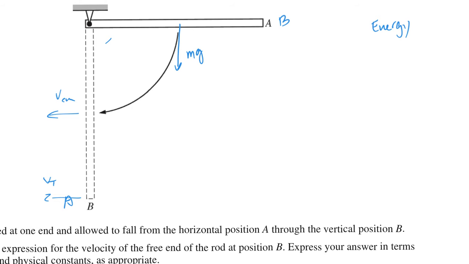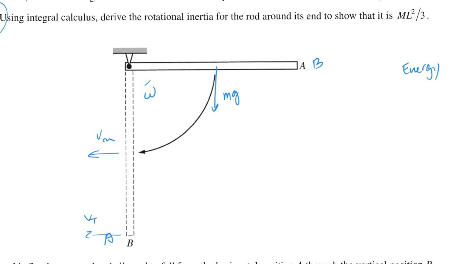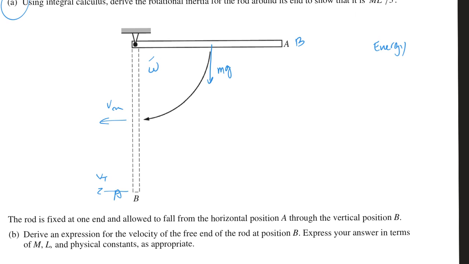But there's also the angular speed of the rod. Be prepared to answer any of those. We are specifically asked for, I believe, the angular velocity. Derive an expression for the velocity of the free end of the rod at position B. They want this velocity, so let's give it to them. Rotational energy can't give me this directly.